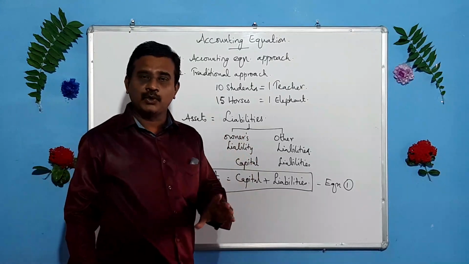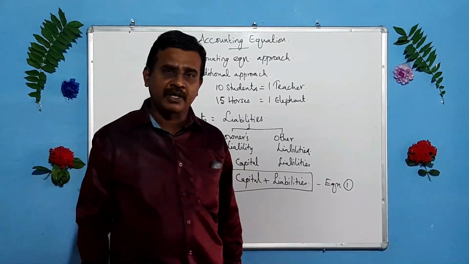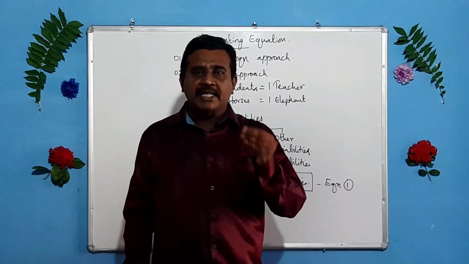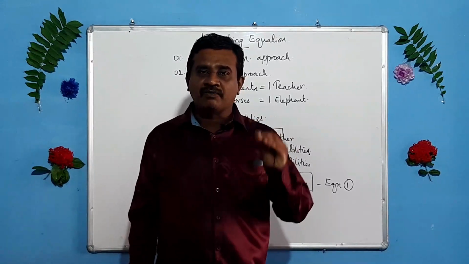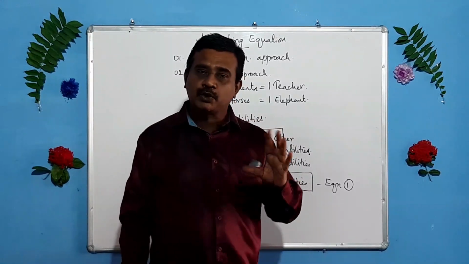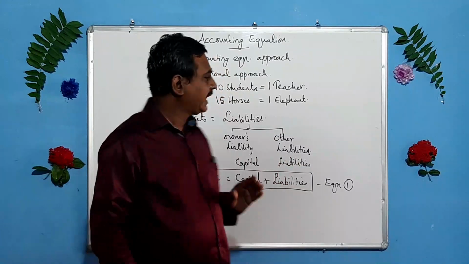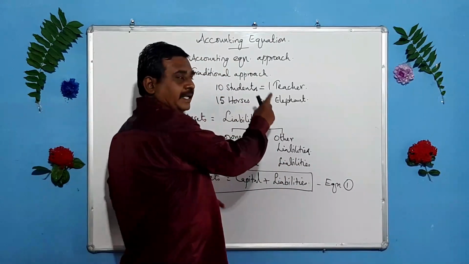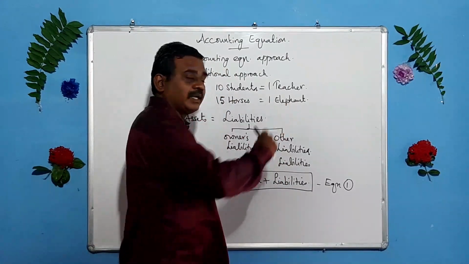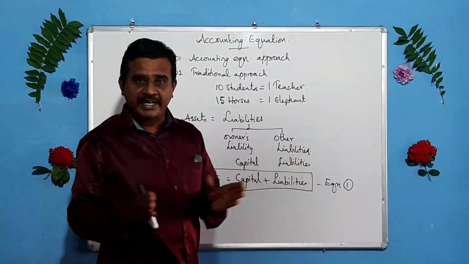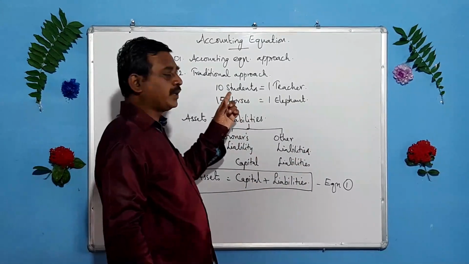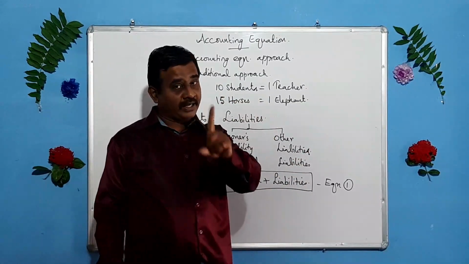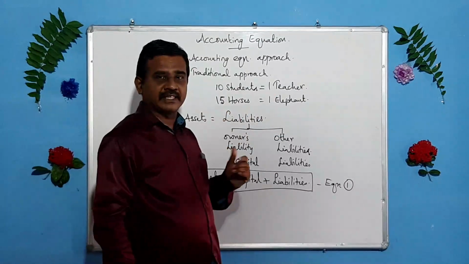Now, let me tell you the meaning of equation. Equation means mathematical expression of the relationship between two or more items. Here we have taken two items, one is students and another one is teacher, and we have made a comparison. 10 students are equal to one teacher, and this is equation.